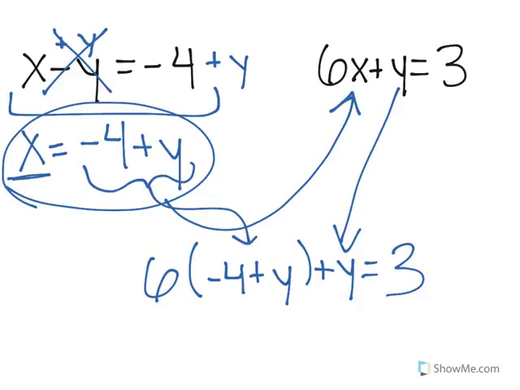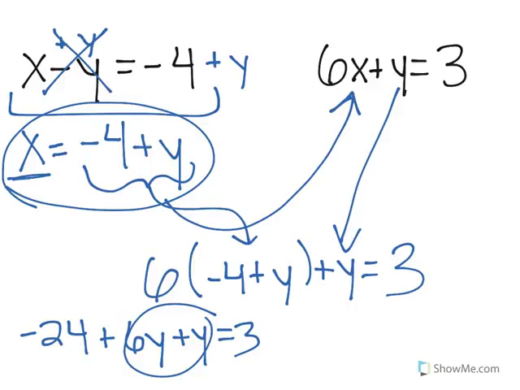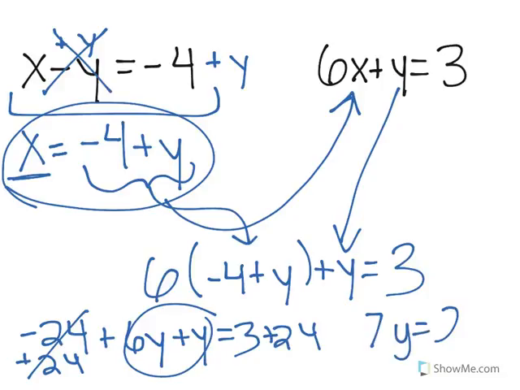Very well, now we just distribute the 6, so we are left with -24 plus 6y plus y is equal to 3. We combine some terms to make it easier, and we can already add 24 to both sides. So we're left with 7y is equal to 27.